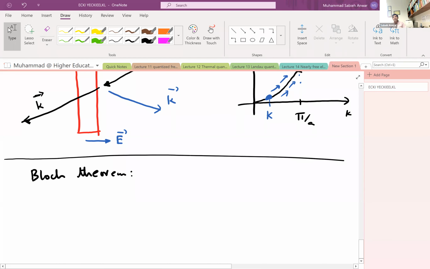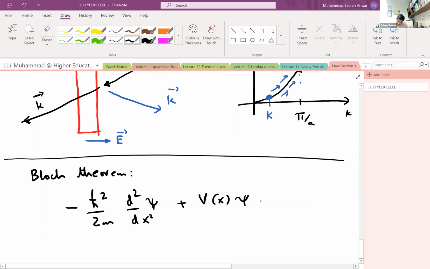They must obey the Schrodinger equation for electrons, and there's a periodic potential now. So if I write the Schrodinger equation in one dimension, minus h bar squared over 2m d squared psi by dx squared plus V(x) psi(x) must equal E psi(x). So these electron wave functions must obey this relationship.